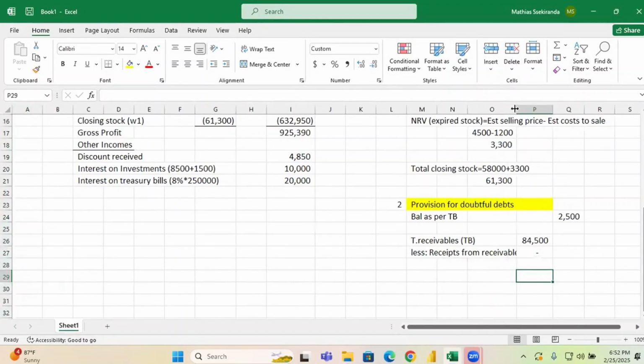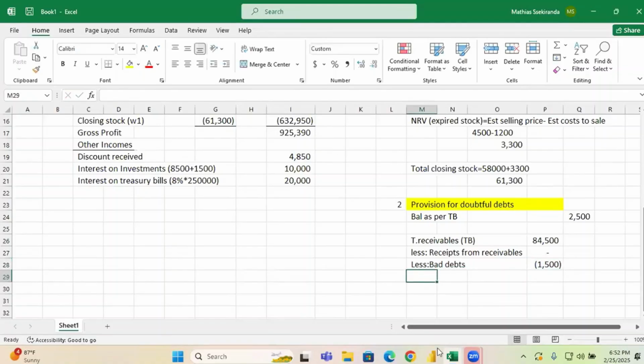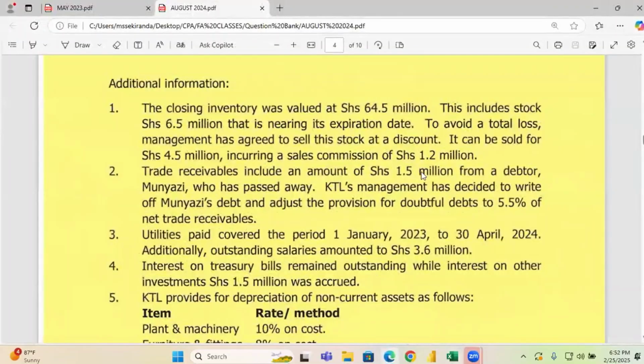So if you have any income received from receivables after you have come up with the trial balance, you less it. Then you also less bad debts that have been confirmed after year end. In this case, we have one, Munyazi 1.5, in note number 2.